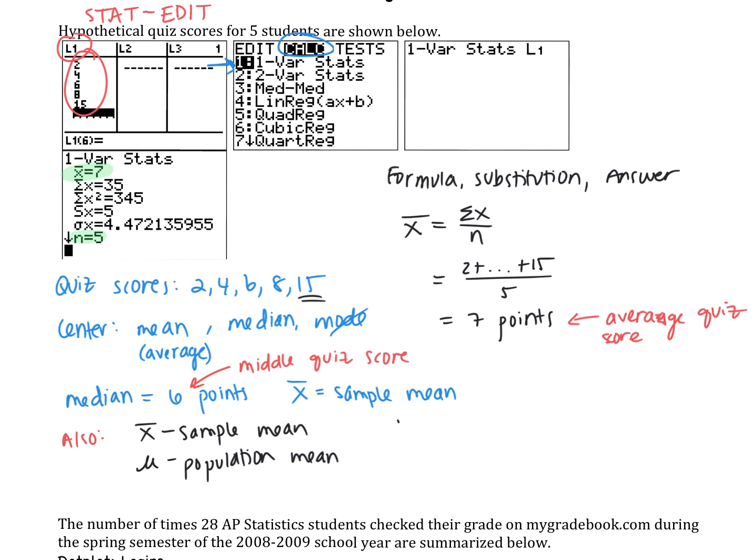And so what they will do is calculate what is called the trimmed mean. Trimmed mean is where you eliminate the highest and lowest observations, and then you calculate the mean of what's left.